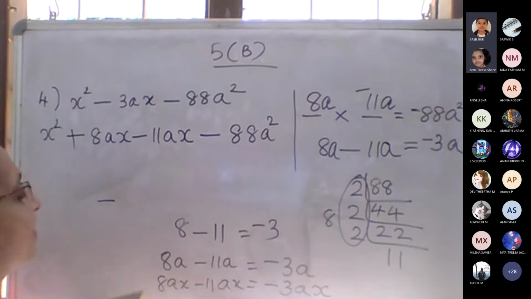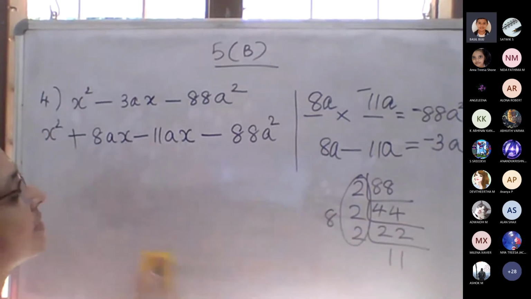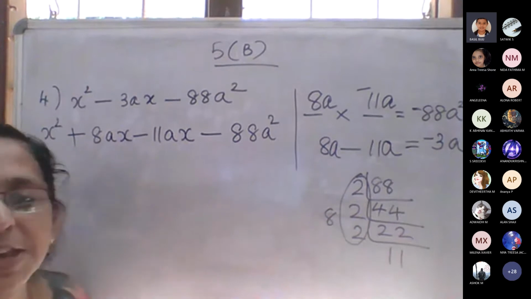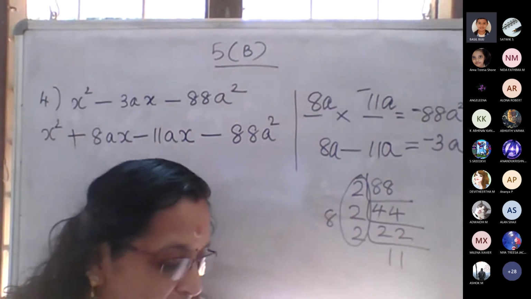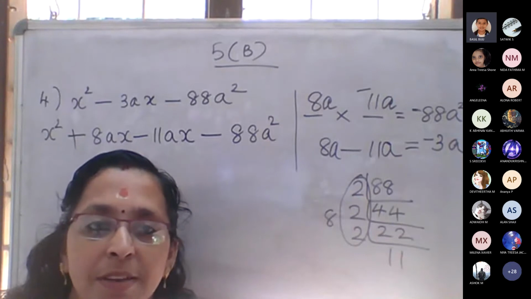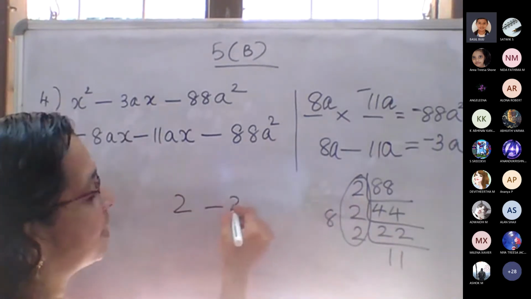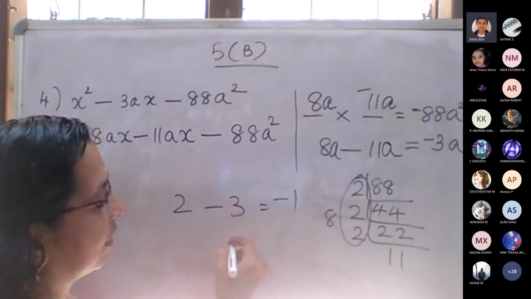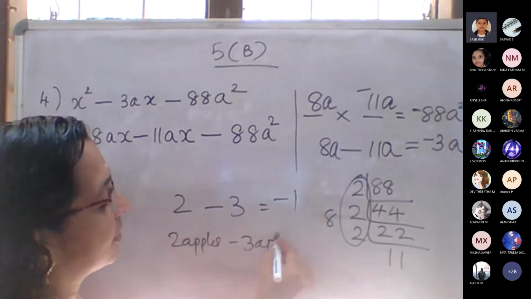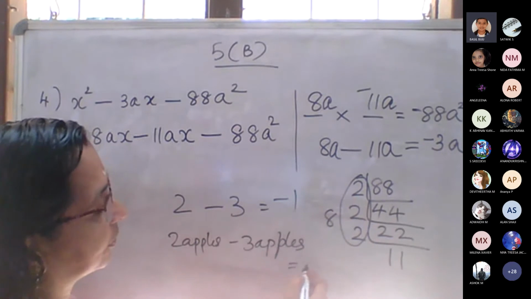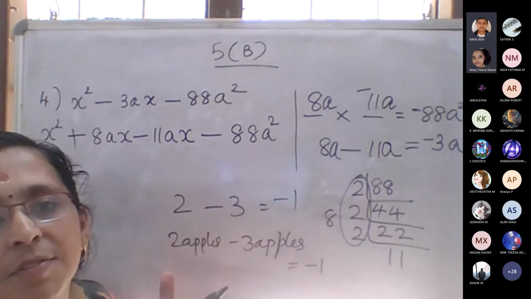If you have any confusion like this, I will always say the apple story. 2 apples minus 3 apples: 2 minus 3 is negative 1, so it is negative 1 apple.